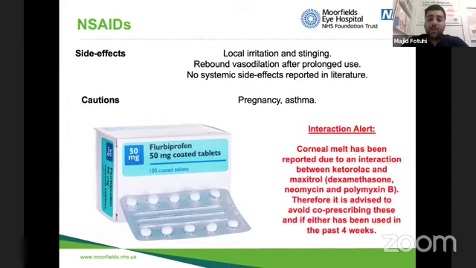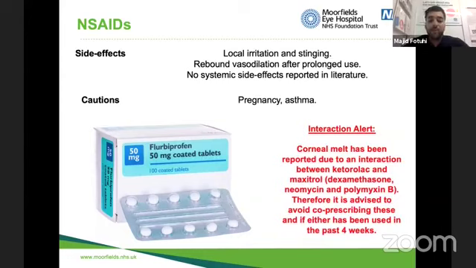So a key interaction to be aware of, this is particularly between ketorolac and the eye drop or eye ointment Maxitrol, which contains dexamethasone, a steroid, as well as neomycin and polymyxin B, which are both antibiotics. And the risk here is that there has been incidences of corneal melt when these medications interact with each other.